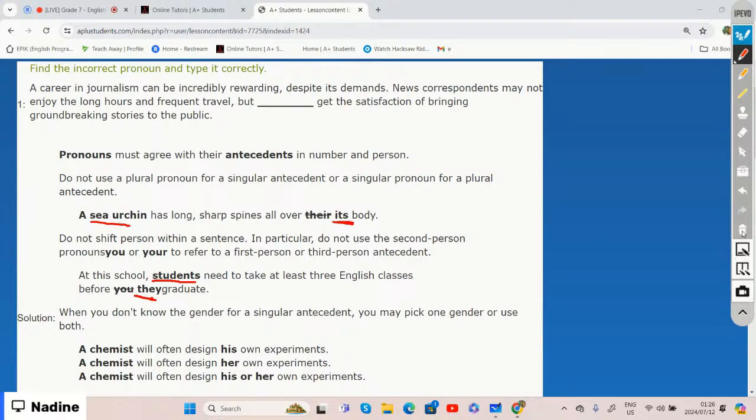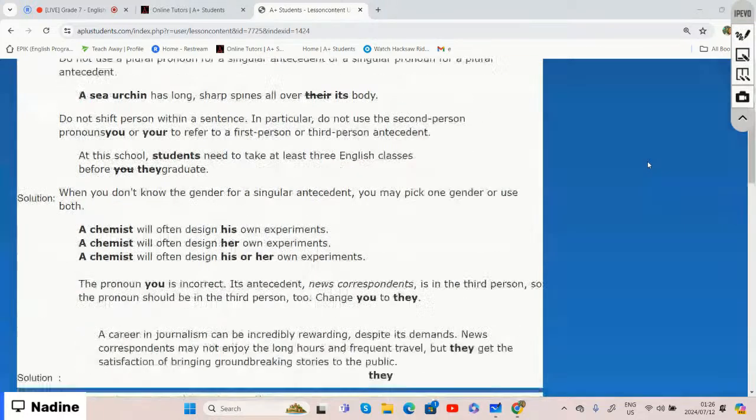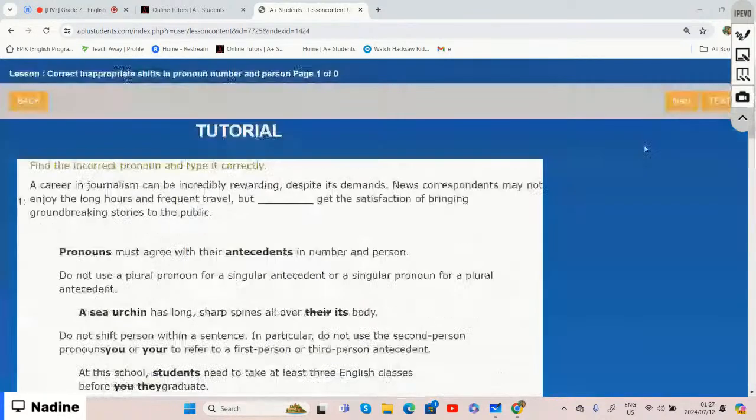All right. It says we need to find the incorrect pronoun and type it correctly. So we're finding the incorrect pronoun and we're going to type it correctly.